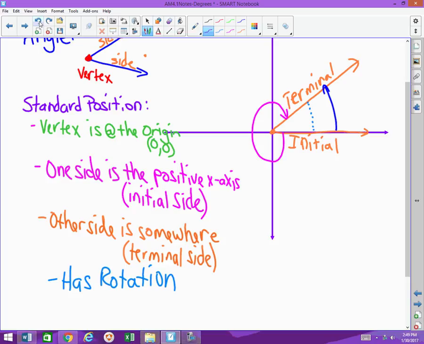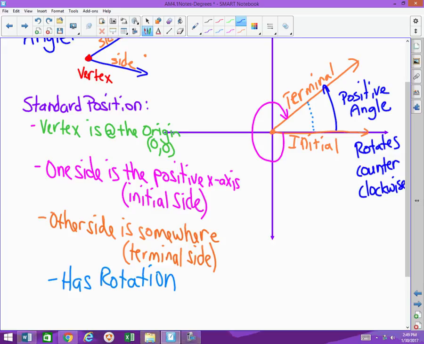This angle that rotates counterclockwise is a positive angle. A positive angle rotates counterclockwise around the coordinate plane.